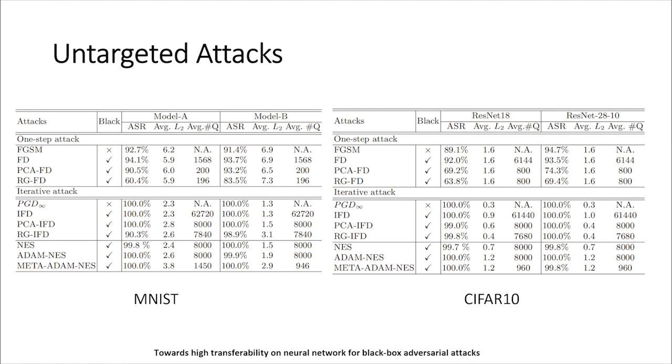For the black box attack, query number represents the average times the black box attack needs to visit the model. For untargeted attack, the attacker only needs to distort the classification result of the target model to any other category to succeed. The results of various untargeted attacks on MNIST and CIFAR-10 are shown in the table.